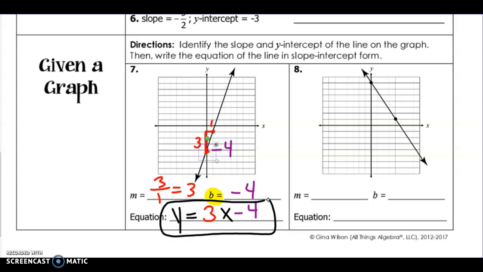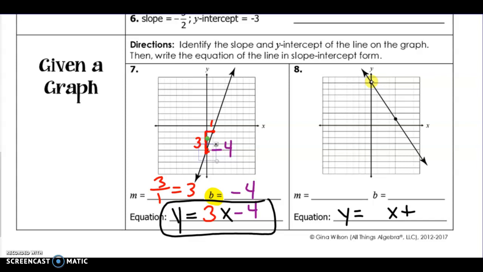I will go through and do number 8 as well, just so you guys have something to reference. So again, my equation is going to be y equals something x, and then plus my b, which I found. You're going to want to start by finding your b first. That's where it crosses the y-axis, okay?